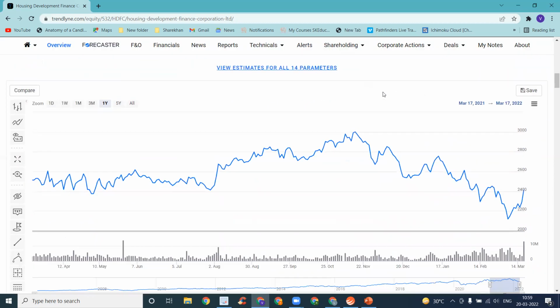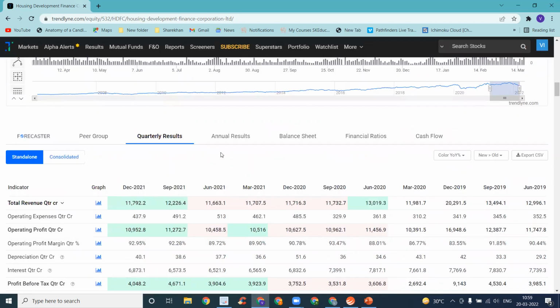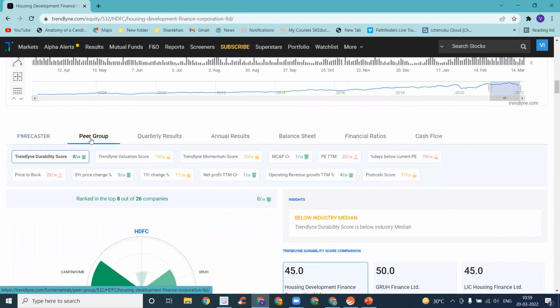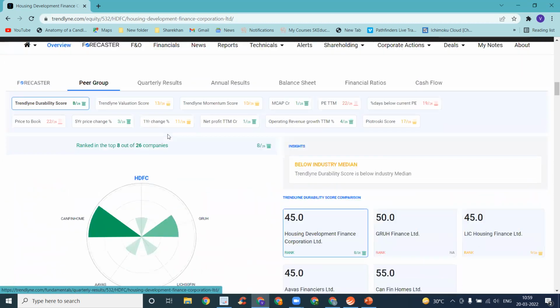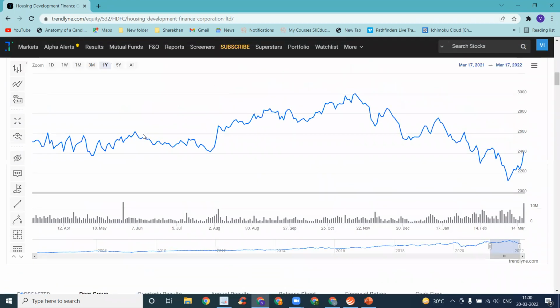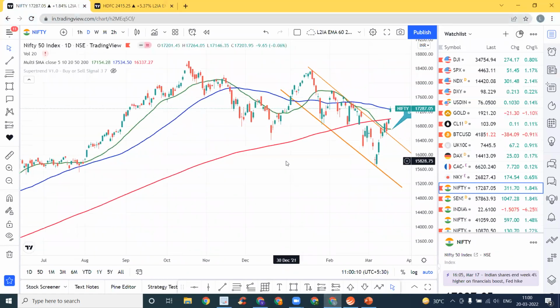So the stock is unfortunately not doing well, and that is the problem which we are facing. So on the charts, HDFC is in a bad position.